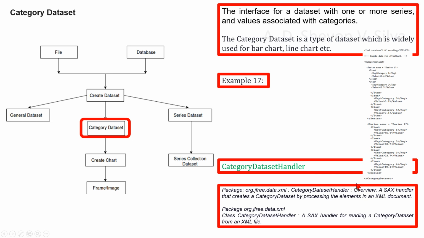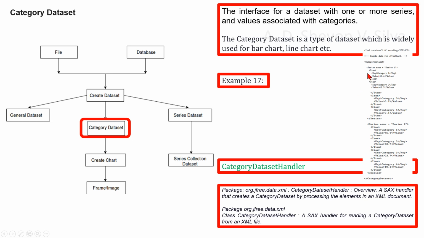The format supported by the handler is illustrated by the following example. The CategoryDataset element can contain any number of Series elements, and each Series element can contain any number of Item elements.